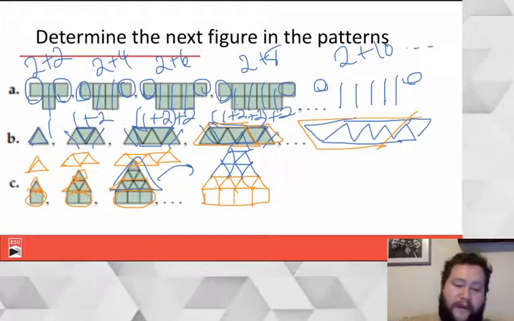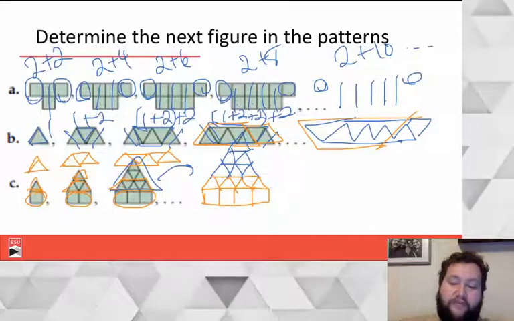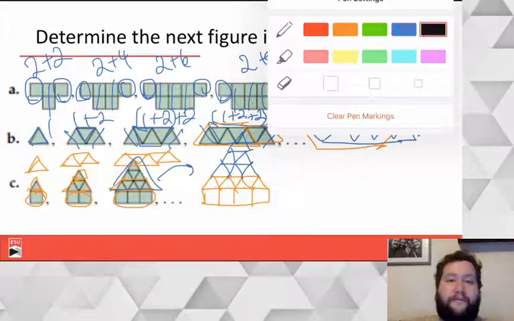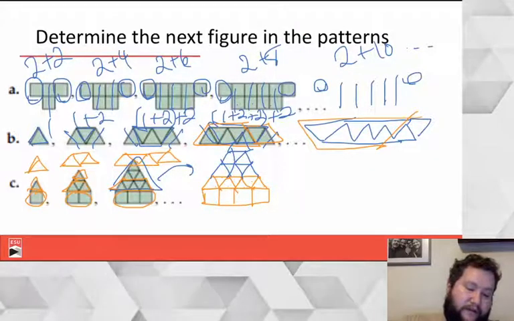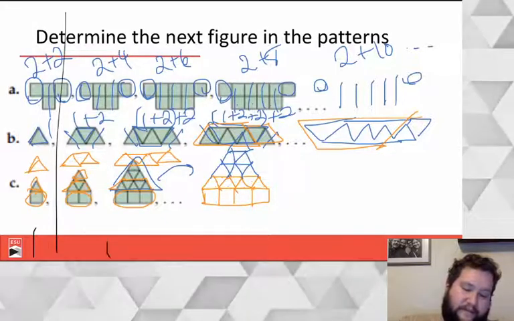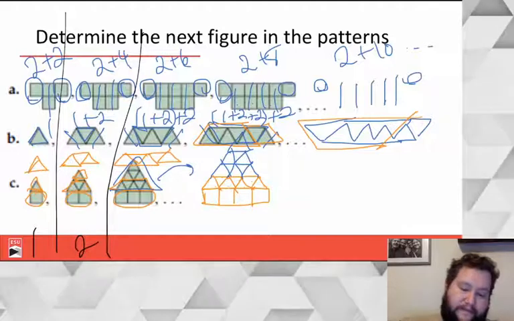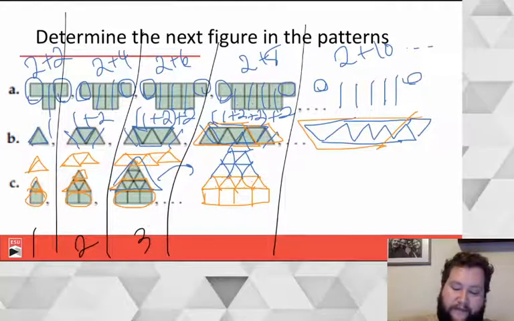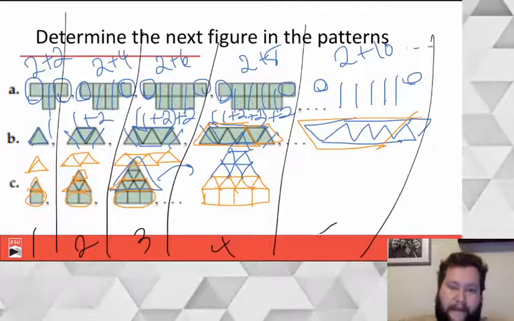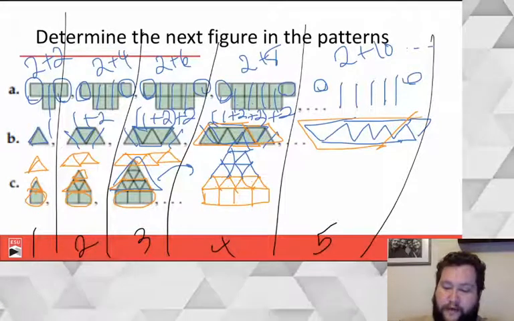And so if we wanted to write this algebraically using a variable, we're just going to agree that this is our first term, this is our second term, this is our third term, and then we have fourth, and in some we have a fifth. And let's say that this variable we're going to call n.